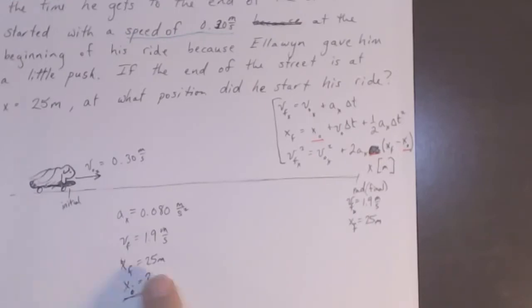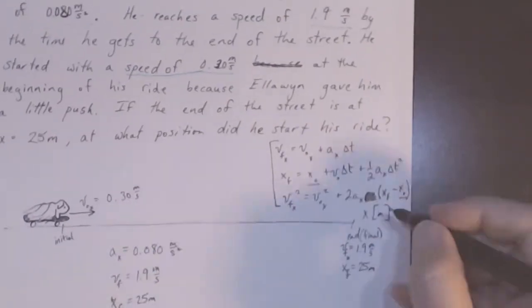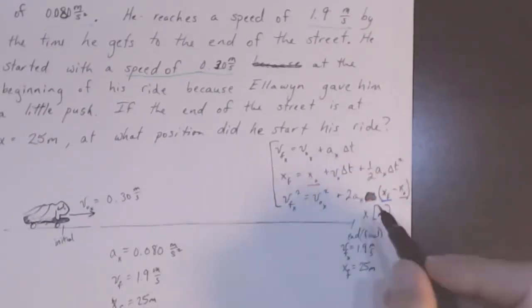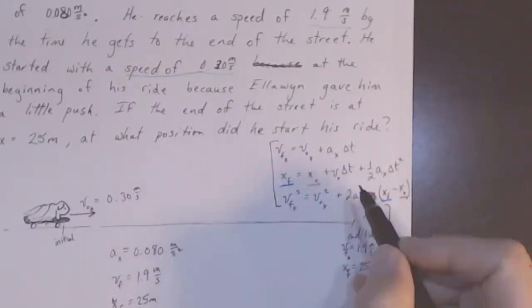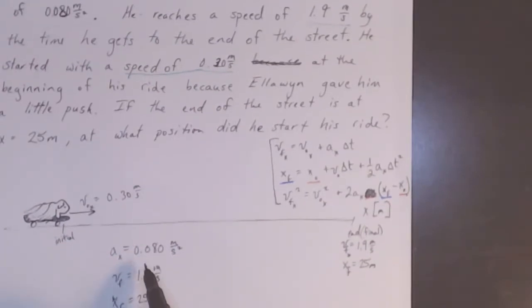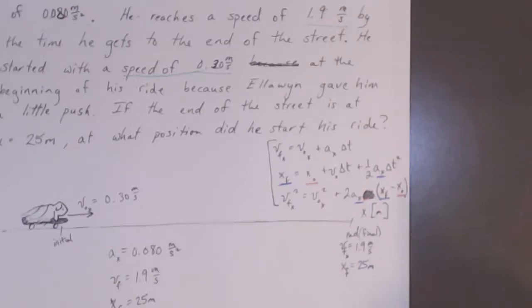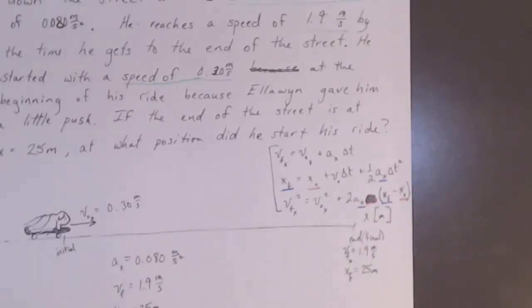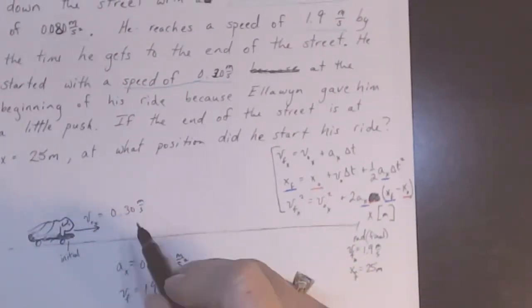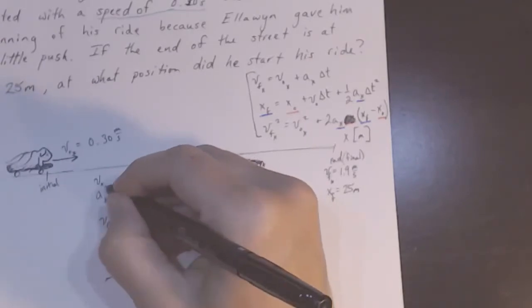I do know x final, so I'm going to underline what I know in blue. I know x final, and there are no x's here. And I know acceleration, so I'm going to underline all the accelerations. Oh, and I missed putting down on my list my v initial. I didn't get it in this list here, so I want to put it right here: v initial x.